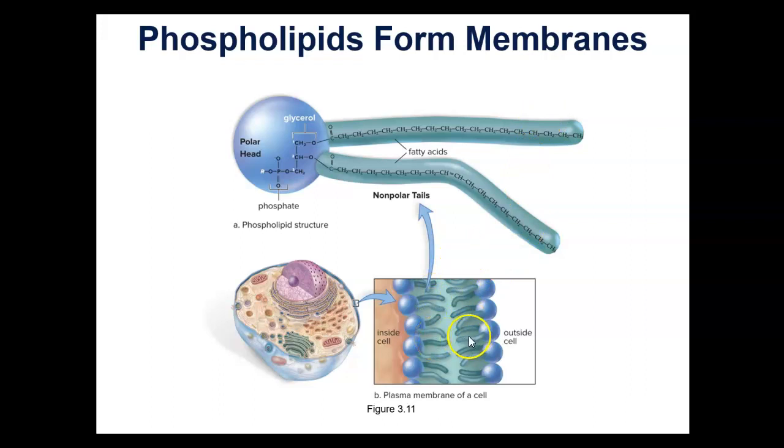It's called a phospholipid bilayer. The tails actually face each other, and the heads either face outside of the cell, where they're in contact with tissue fluid, or inside of the cell, where they're in contact with the fluid that forms the cytoplasm. So the tails face toward each other, and the heads face away.